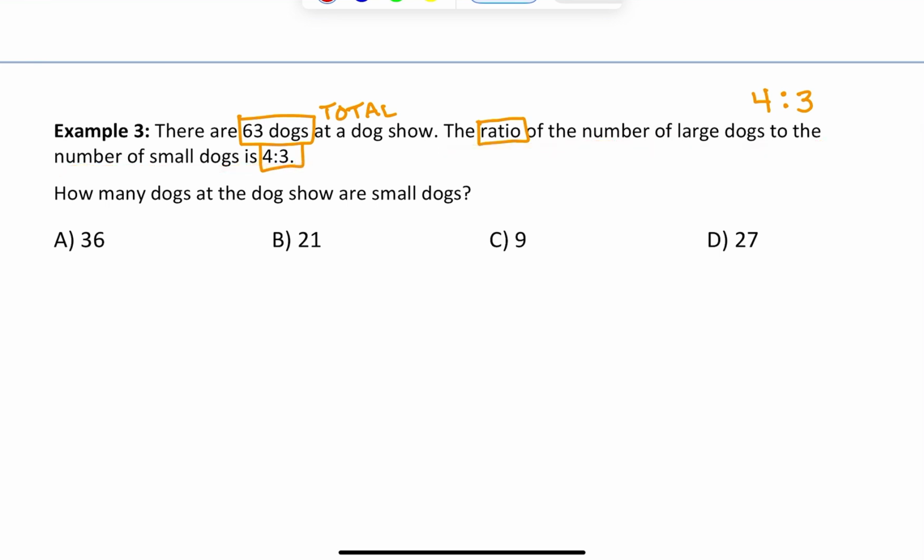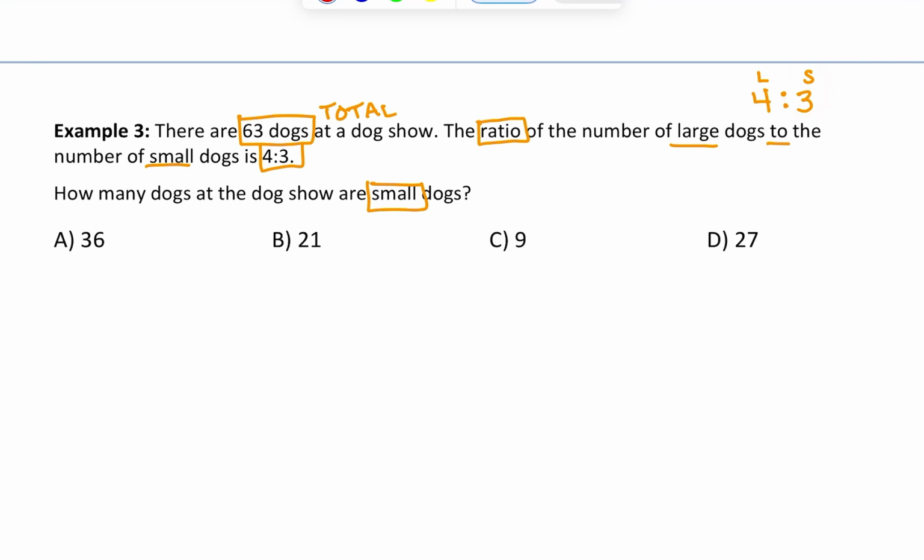We have large to small. So order matters. So 4 large dogs, 3 small. How many dogs at the dog show are small? If I look at my ratio up here, I have 3 small dogs, but that's not an answer choice.